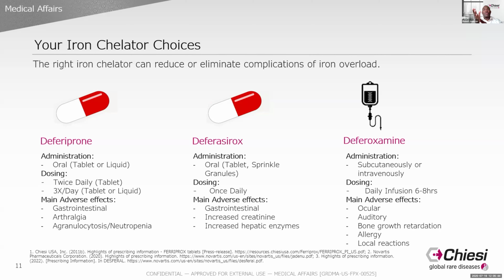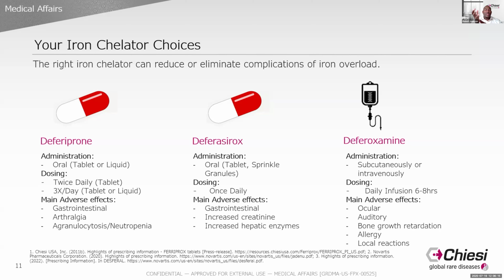Deferoxamine has been around the longest. It is a subcutaneous infusion, and it is dosed over time. It's an infusion of 6 to 8 hours. Historically, deferoxamine was usually given at night while the patient was sleeping because of that long infusion time. However, as stated earlier, there are ways to do administration on a more regular, consistent basis.